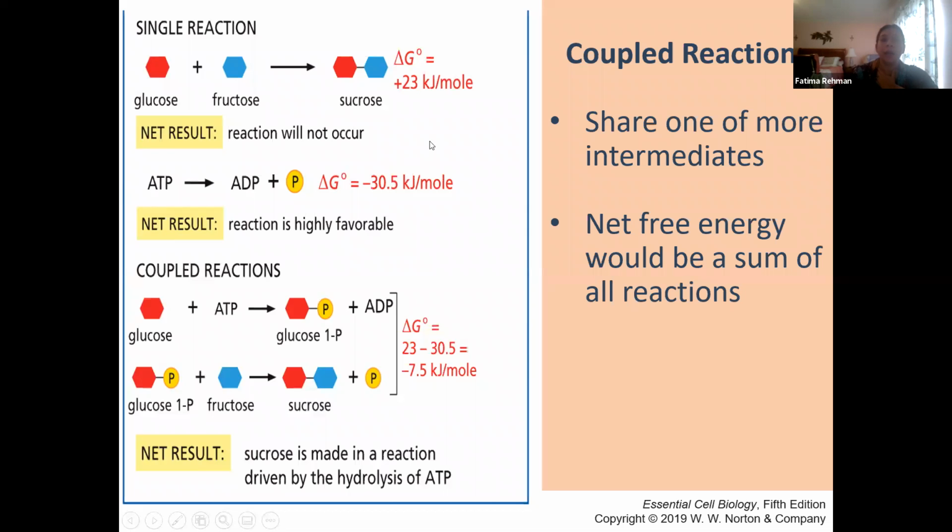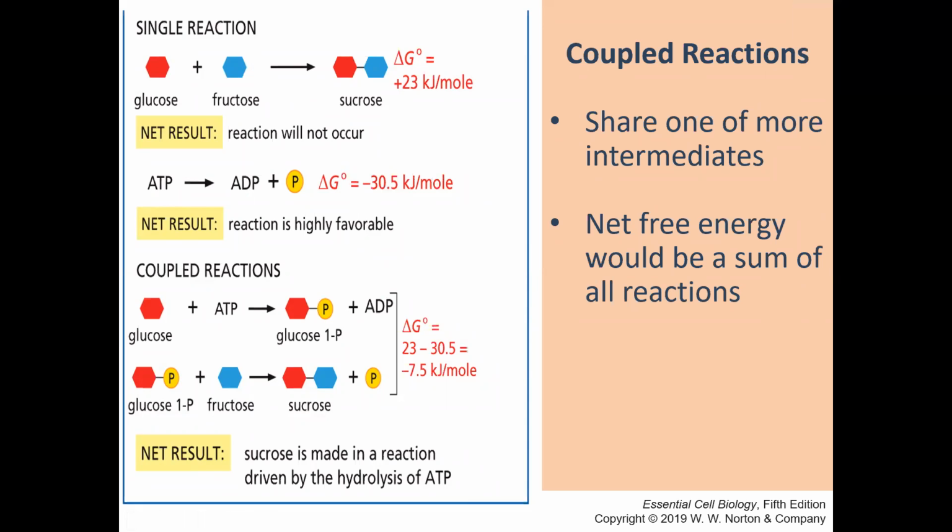Now, let's look at one where you have ATP and it is broken down to release the phosphate, and your net delta G, or net energy change, is negative 30.5 kilojoules per mole. Was that going to happen spontaneously given the right environment? Yes, it will.